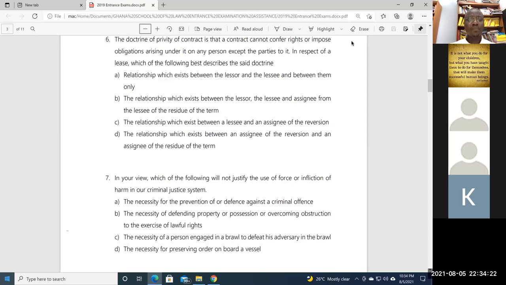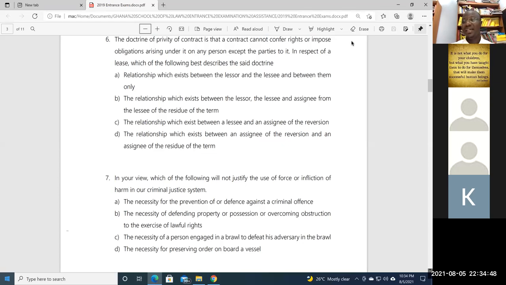Now let's go on to B. The relation which exists between the lessor, the lessee, and assignee from the lessee of the residue of the term. And now let's wait a minute. What is the original lease, the original contract between the lessor and the lessee, right?